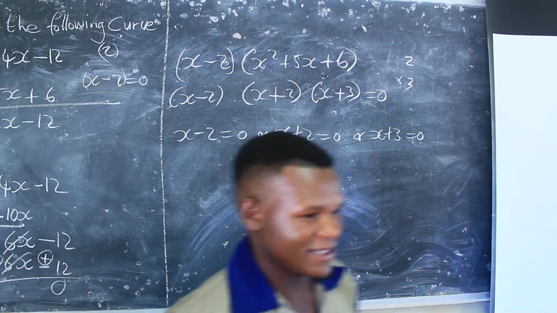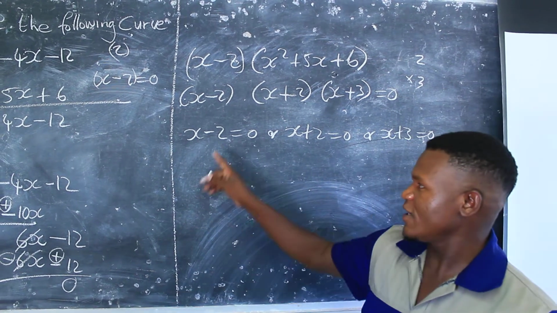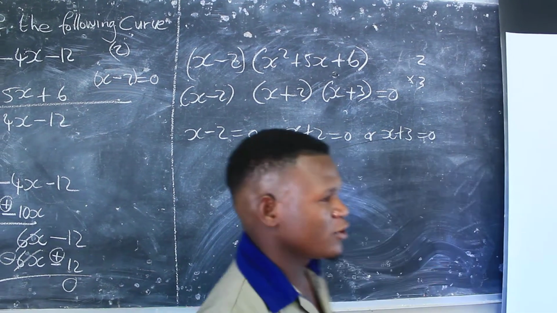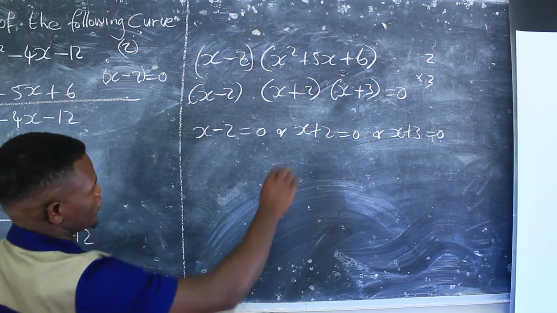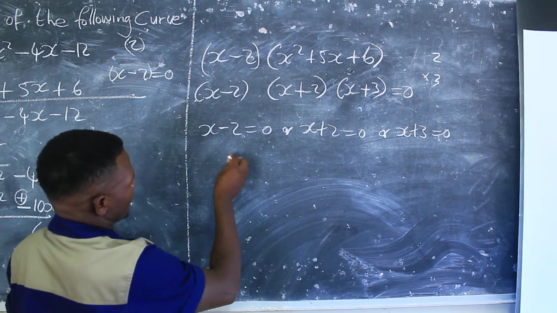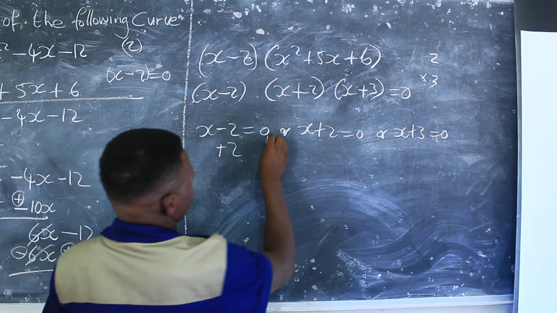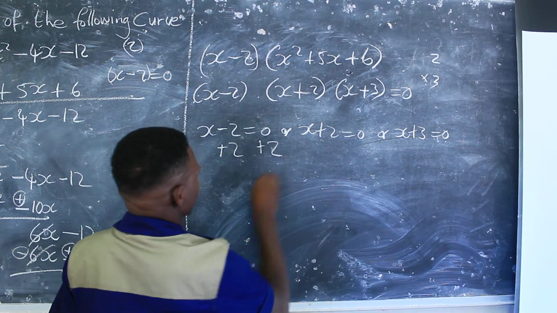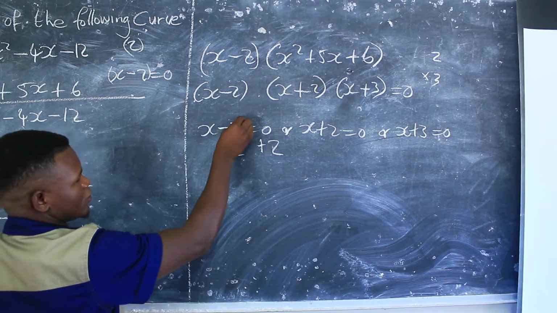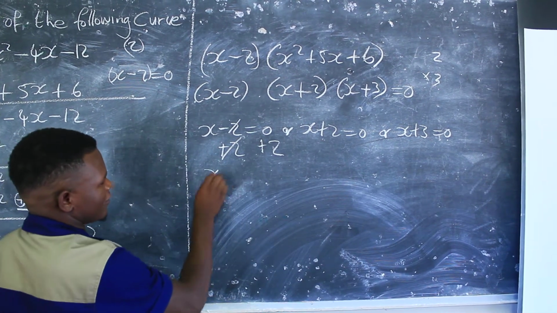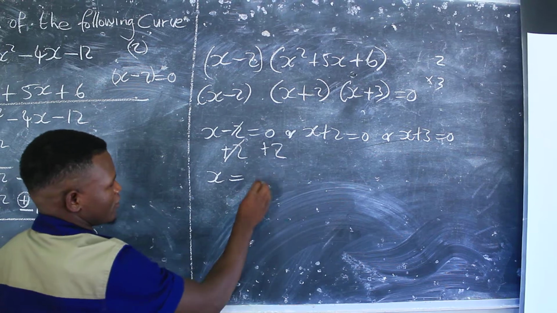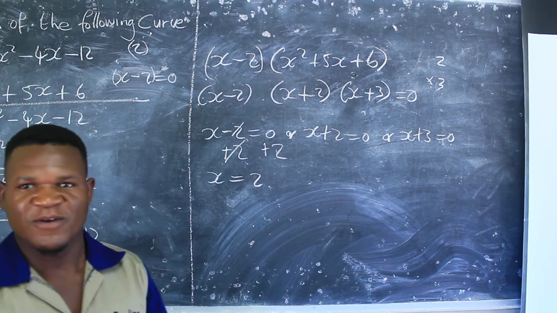What is the inverse of negative 2? It should be a positive. So I introduce on both sides plus 2. These two will cancel out, I only have x. 0 plus 2, the answer is 2.